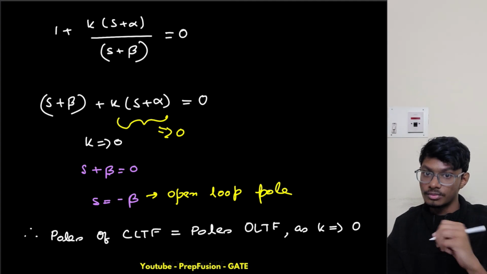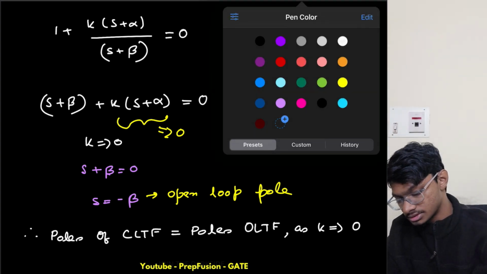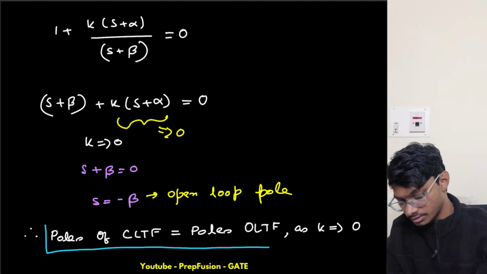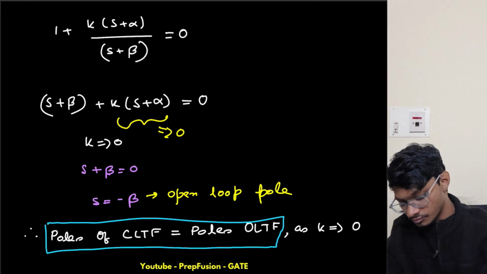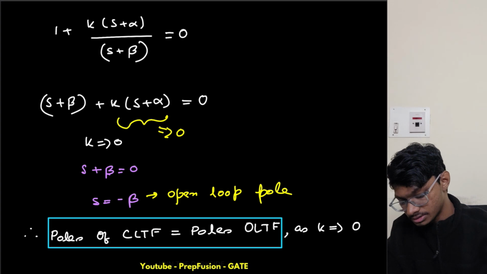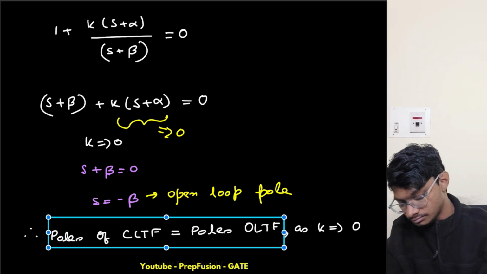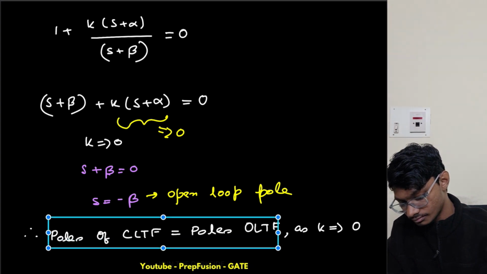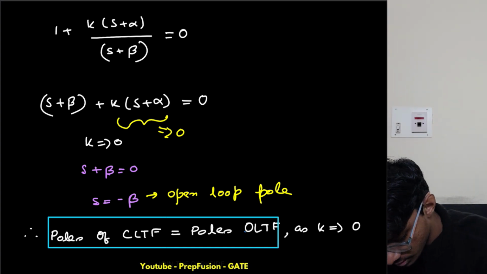Not equals to 0 but tends to 0. This is very important. This is also one of the rules of my root locus.